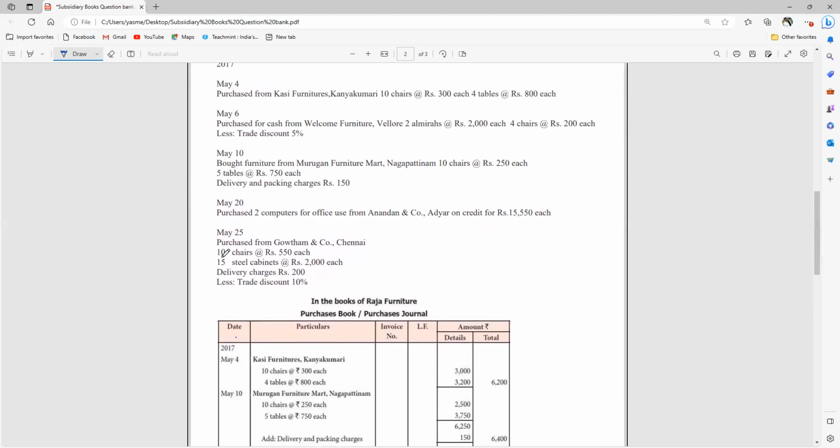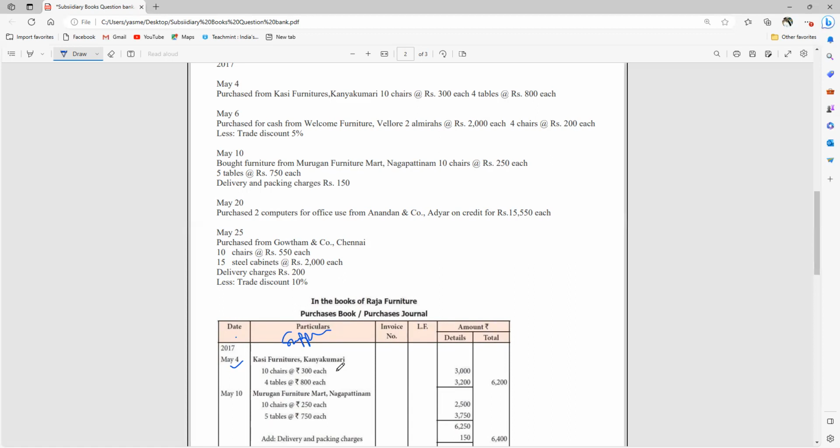So here on 4th, purchase from Kasi Furnitures. On May 4th, who is the supplier to us? Kasi Furnitures Kanyakumari. That is the name of the company and the place where the company is established.